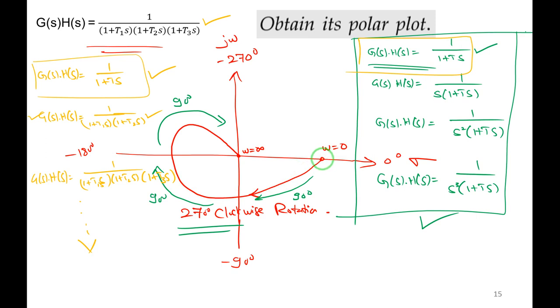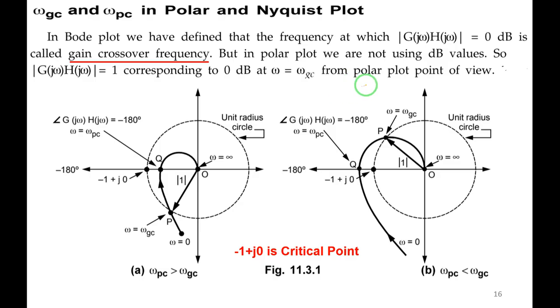The starting point remains the same, 90 degree, 90 degree, 270 degree. I hope you are getting whatever I told. So you can draw the polar plot if there are poles added at the origin. If there are simple poles added, you know how to draw the polar plot. You came to know, right? Next. Still time is there. Another 3 minutes is left, so I'll stop here only.